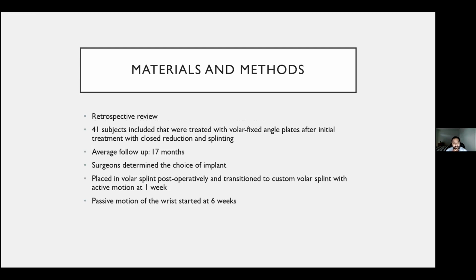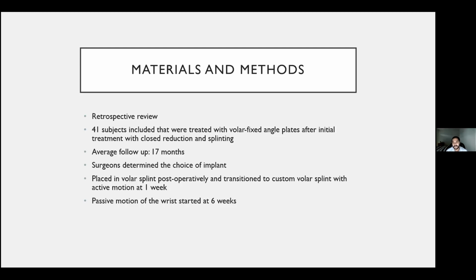So this was a retrospective review done at one institution. They found 49 consecutive patients who had distal radius fractures fixed with dorsal or volar plates. And of those, 41 had 1-year follow-ups that they decided to keep. How they did it was everyone was initially closed reduced and put in a splint.